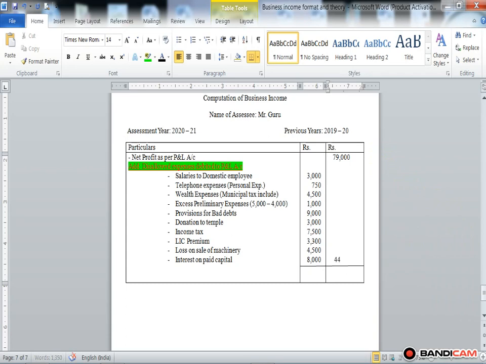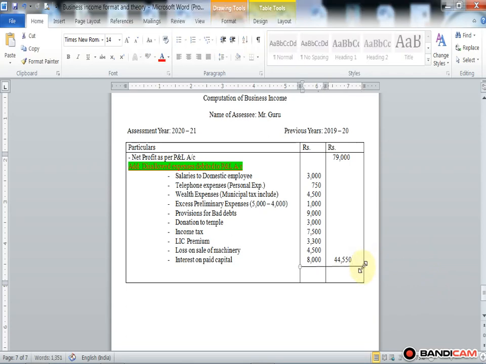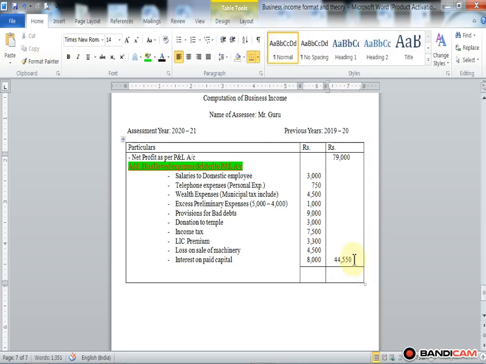So here 44,550 is the total of the inner column. So add all these expenses in net profit of the concern. So total is equal to 1,23,550. So 1,23,550 is the correct net profit of the concern.